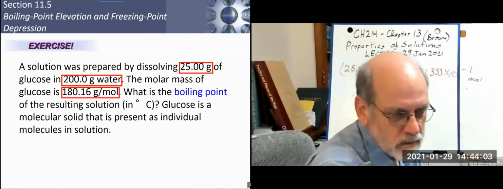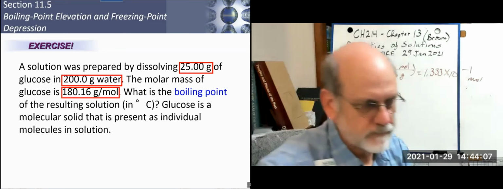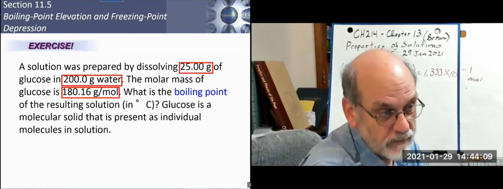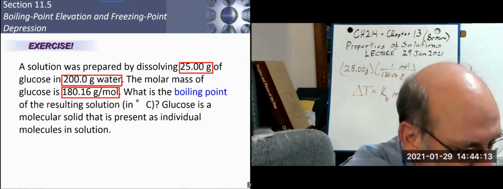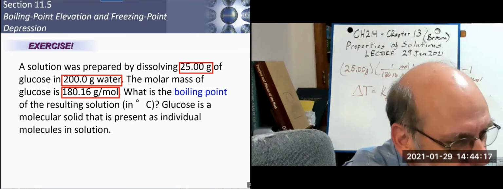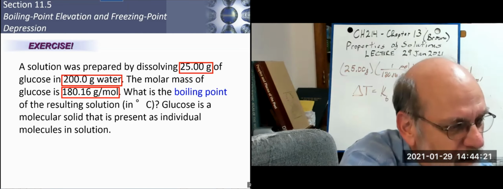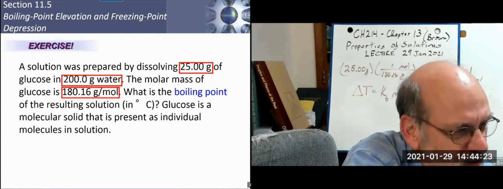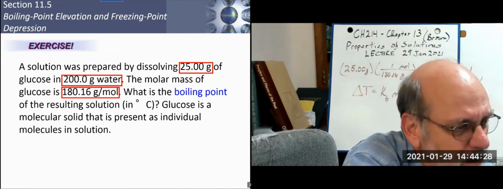I got to go online and look it up, unless you can find it in your book. The molal constant, freezing, no, I need the molal constant for boiling, for water.